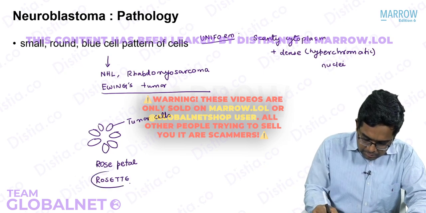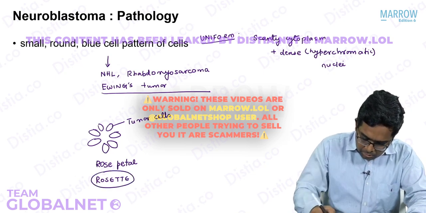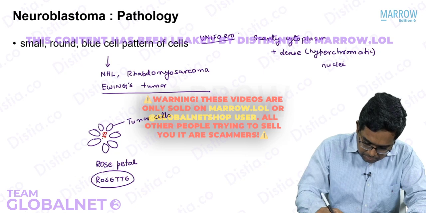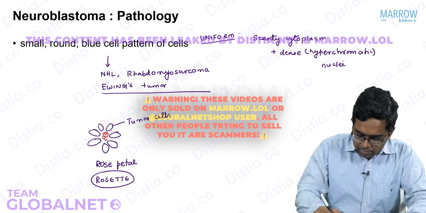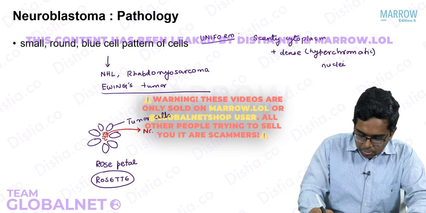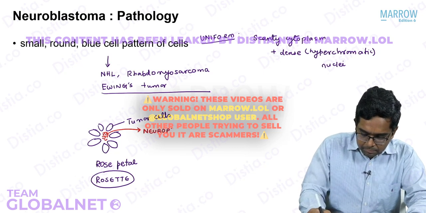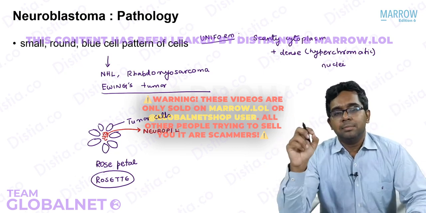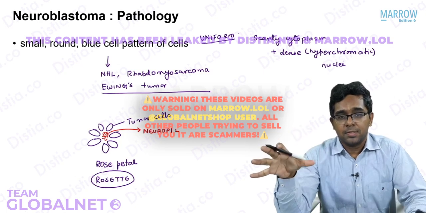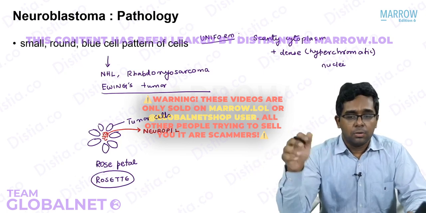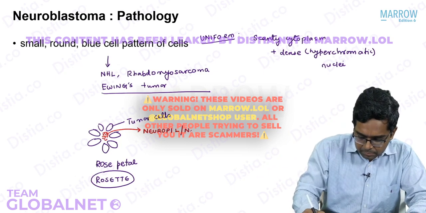In the center of the petal, you will get some eosinophilic material like this, which is also called neuropil. Neuropil is something like cytoplasmic processes, or what we also call neurites.